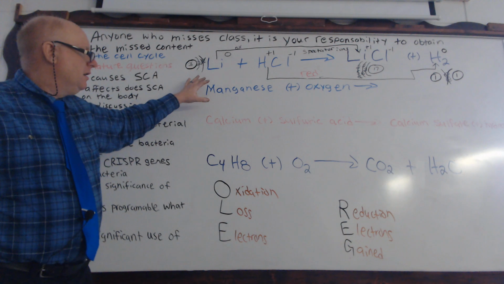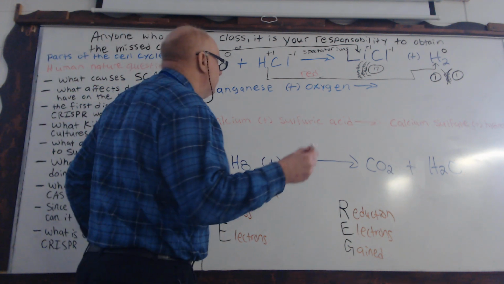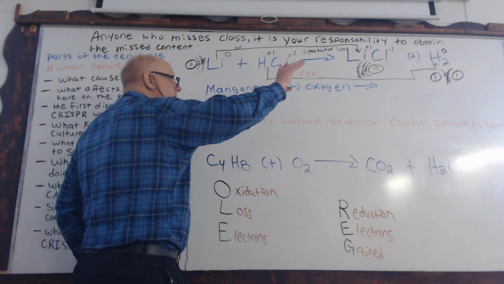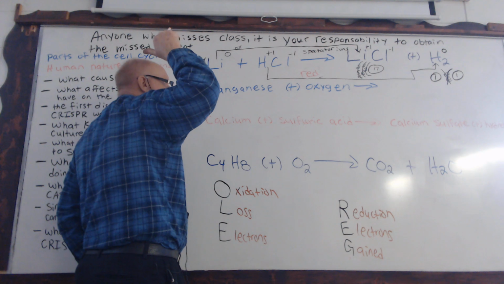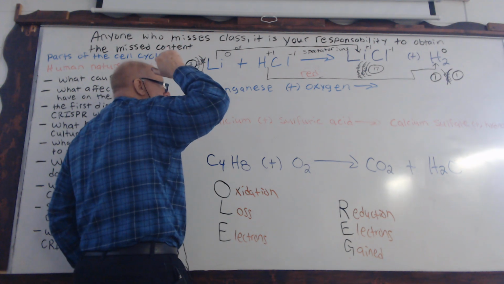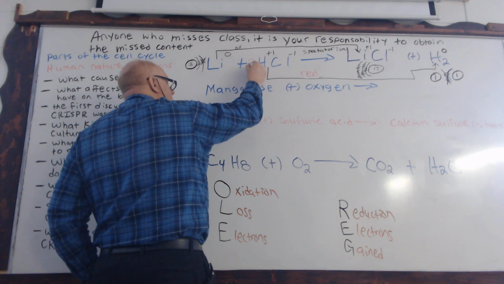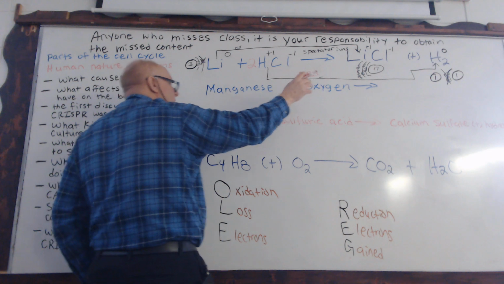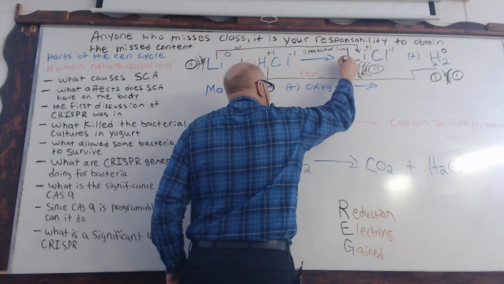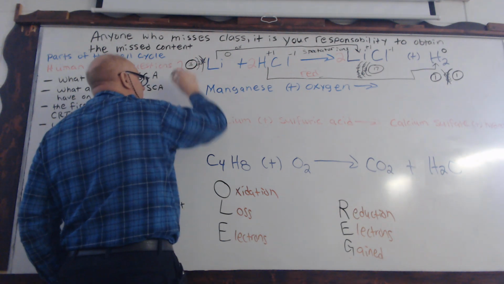What is it that is not balanced? We have too many on that side, but not enough over here. Hydrogens. We have 2 hydrogens there, only 1 here, so we put a 2 there. Now our chlorines are not balanced. We're going to put a 2 here, and then put a 2 in front of here.